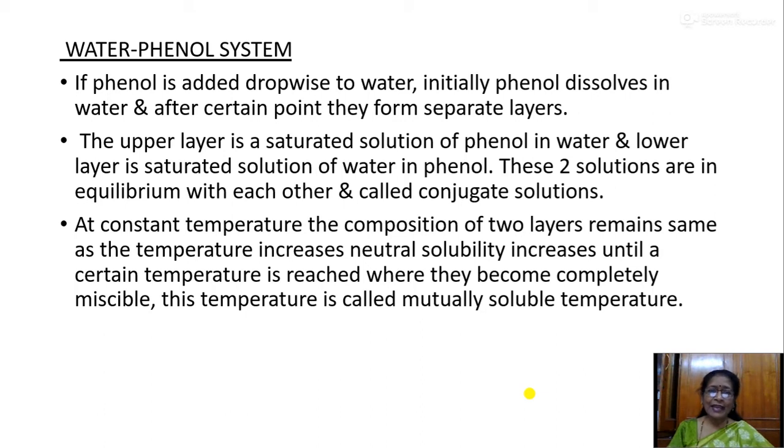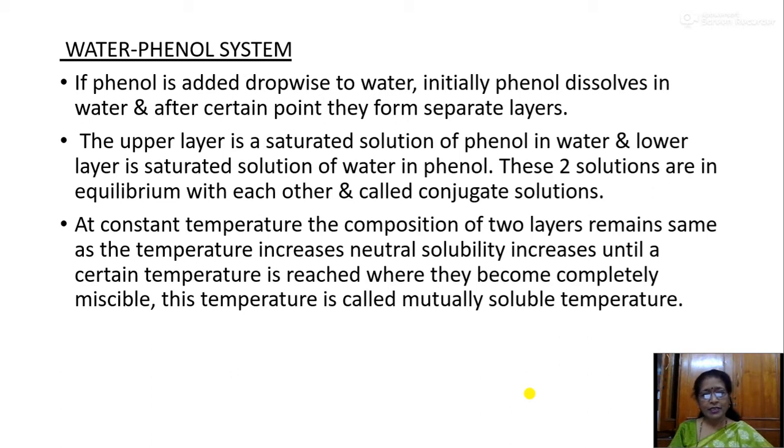The upper layer is a saturated solution of phenol in water and the lower layer is a saturated solution of water in phenol. These two solutions are in equilibrium with each other and are called conjugate solutions. At constant temperature, the composition of the two layers remains the same.